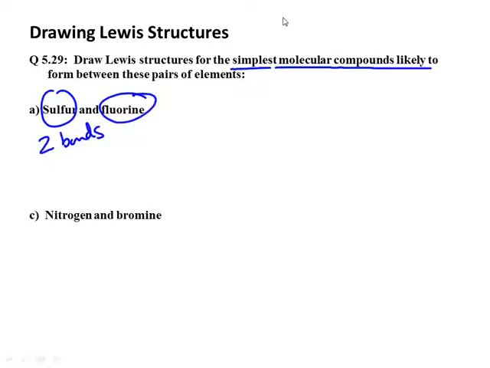Fluorine is in group 7A, only needs to make 1 covalent bond. So in what ratio should we combine these so both sulfur and fluorine can be happy? Yes, so we will need 2 fluorines to combine with 1 sulfur so that fluorine and sulfur can then have octets and be satisfied.